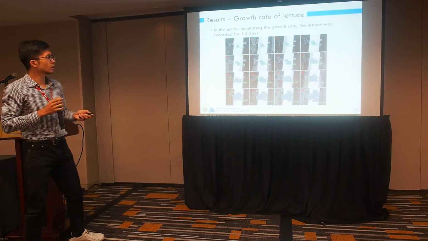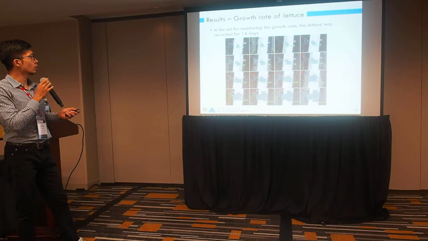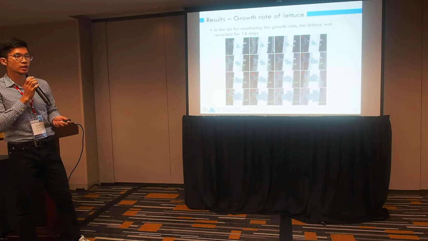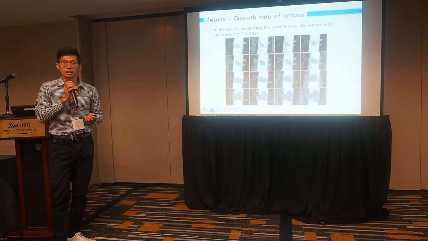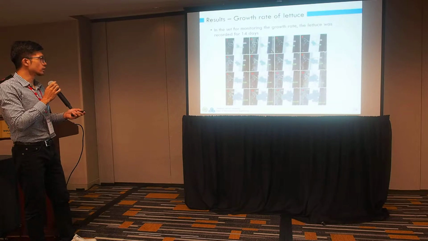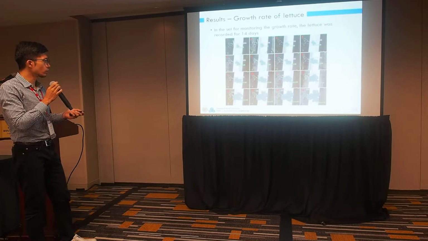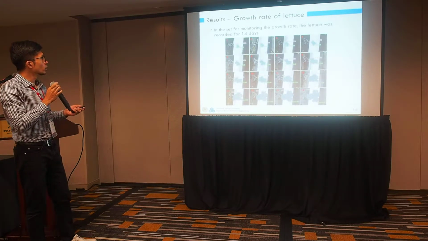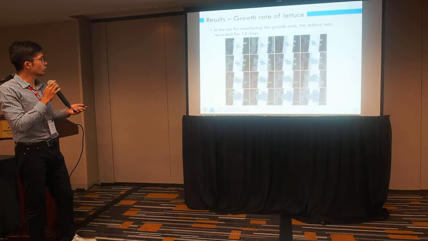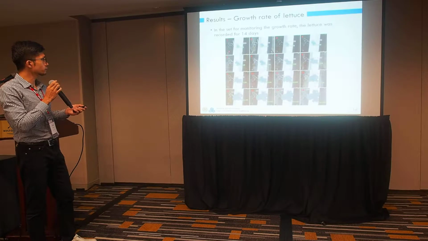So here's the simple result of the growth rate of the leaves. These images are from 168 images of the stem lettuce, which are used for monitoring the growth rate. As you can see, the number is the time, based on the growing time.